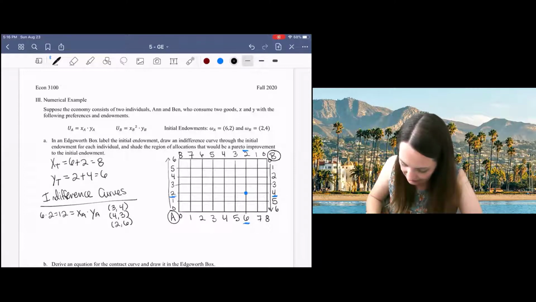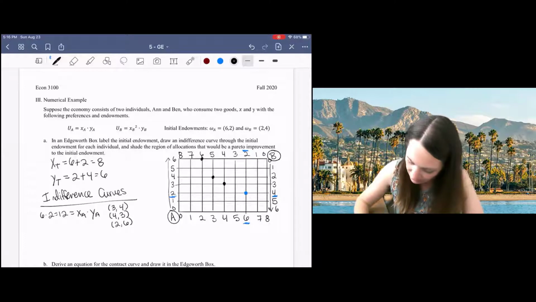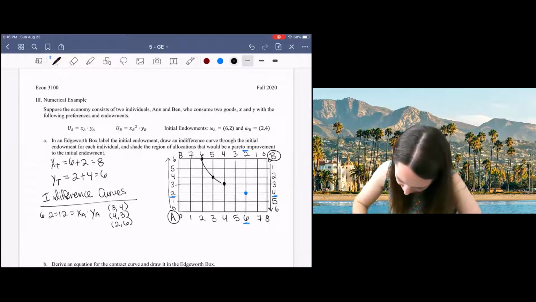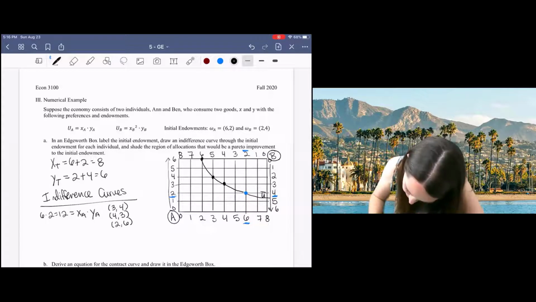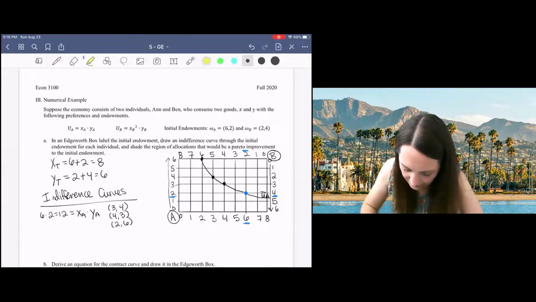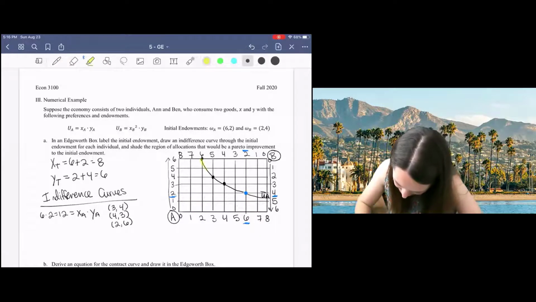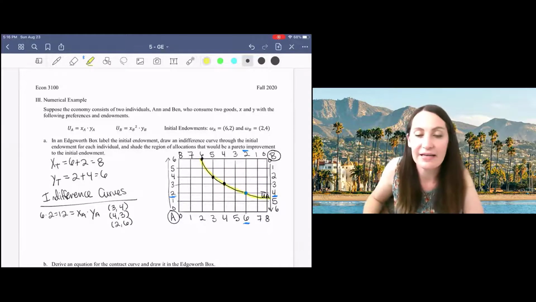These give me a sense of what her indifference curve looks like. I will highlight it just to add some color to the graph to make it easier to see.